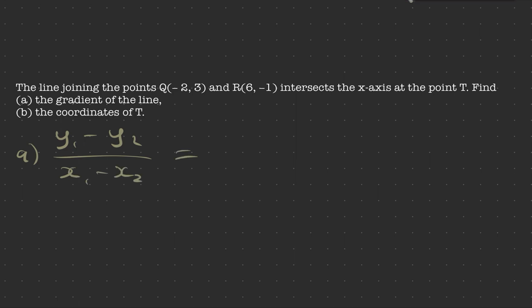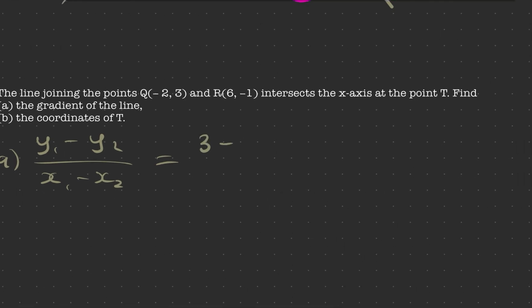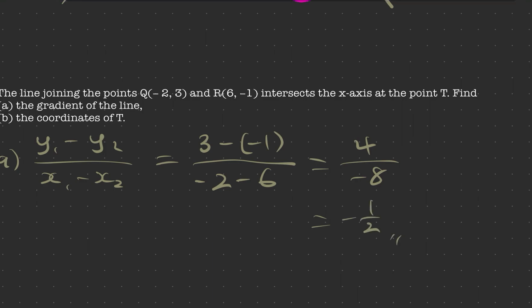So we just gonna substitute in just any values. For y1, I'm gonna use Q first. So 3 minus -1 over -2 minus 6, and that will give us 4 over -8. And 4 over -8 is just -1/2. So that's your gradient. Alright?